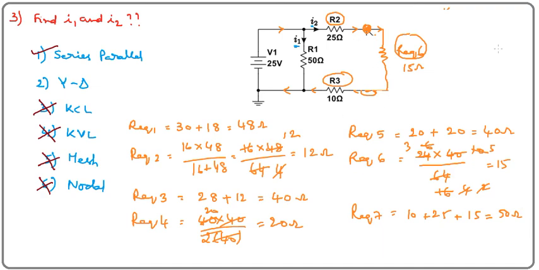So let me replace the whole thing with one resistor. This value is only 50. So this is R equivalent 7 now and its value is 50.